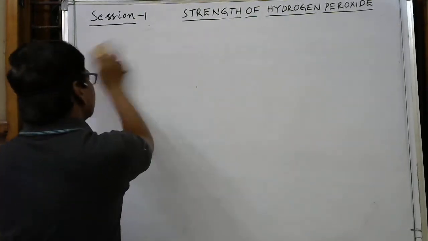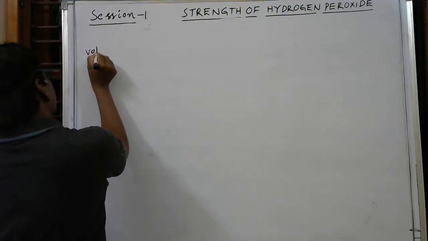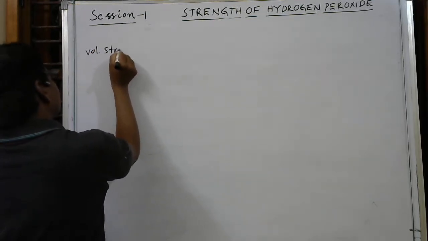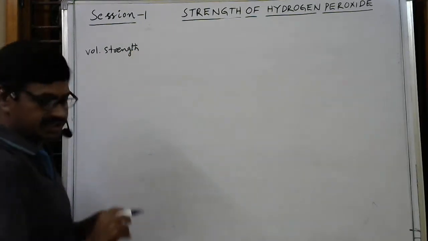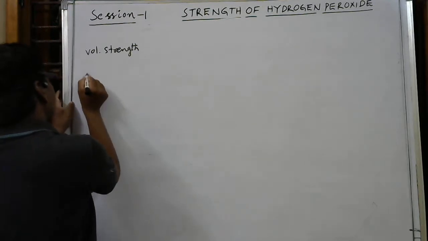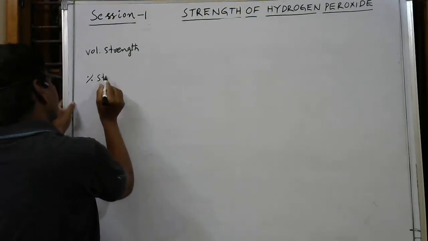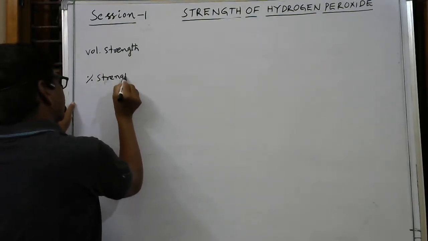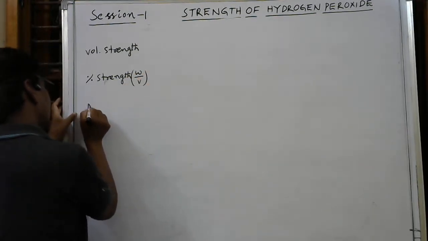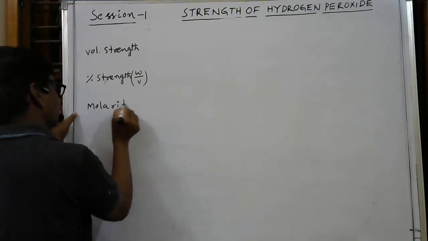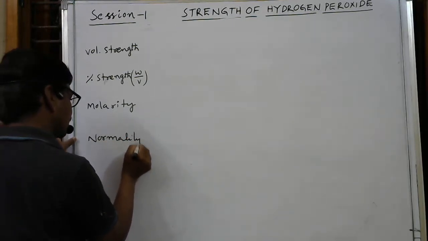First I'm writing here in this tabular form: volume strength. Then second thing is percentage strength, which is W by V. Then molarity. Then normality.